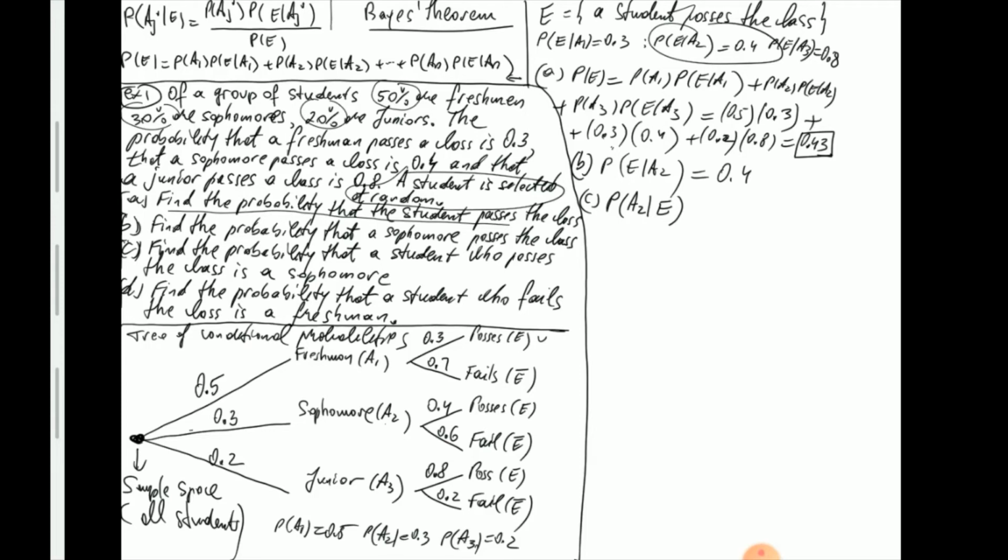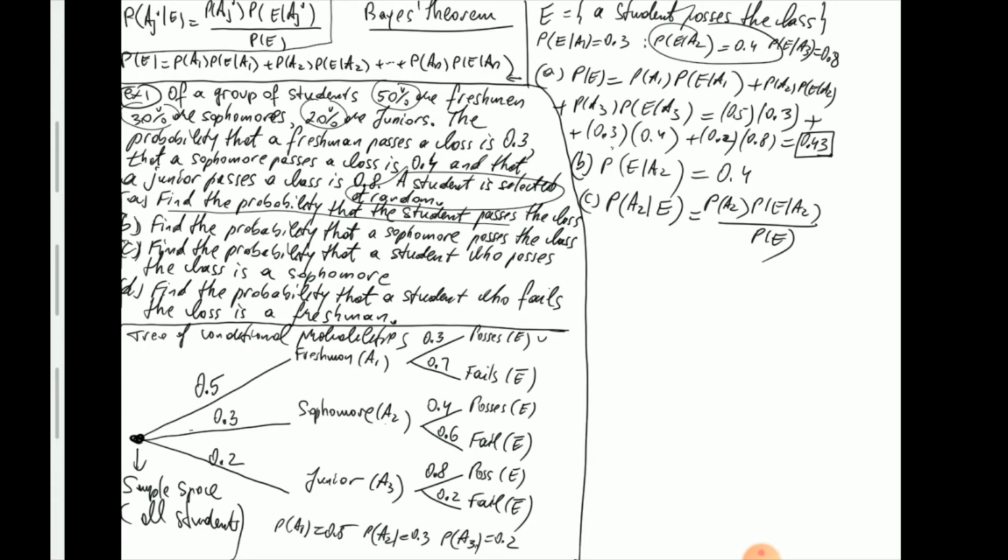And this one deals, look at the corner here on the left, with the first part of the Bayes theorem, which gives you the conditional in terms of the reverse conditional. So P of A2 times P of E given A2, divided by P of E. P of E is needed as well in terms of these conditionals, but we already computed it in part A.